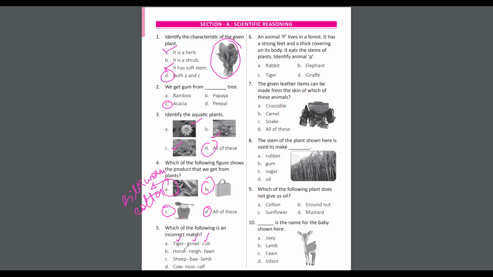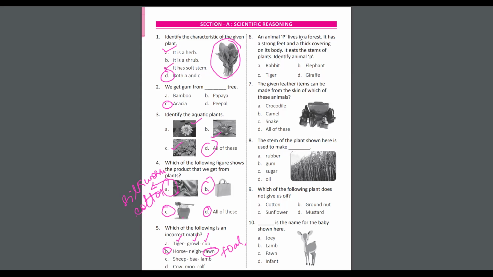Okay. So you have to tell the incorrect one, not the correct one. So what we call the baby of horse is not fawn, it is foal. So that's why it is the only wrong answer over here.